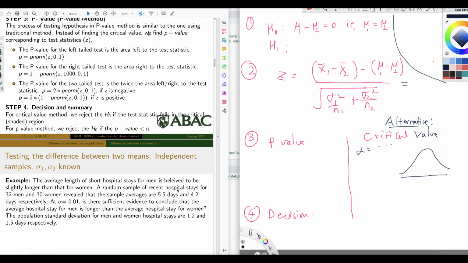A random sample of recent hospital stays for 32 men. This is the sample size, so n1 is 32, the number of men, I'm sorry about that, and n2 is 30.